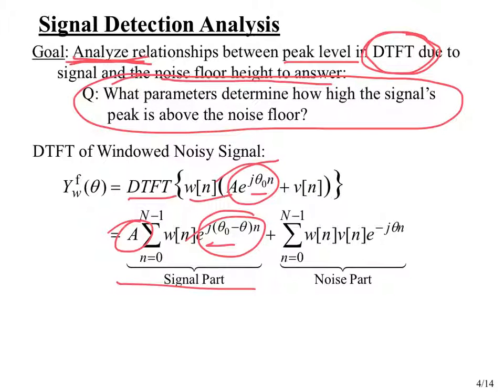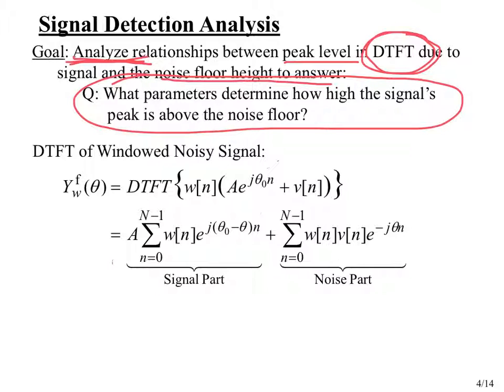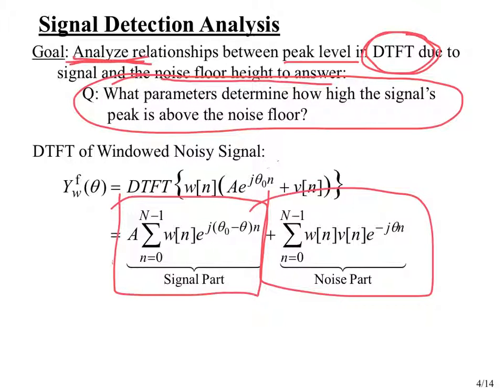And so what we see is that we get this signal part, which is really like the DTFT of the window, but shifted by theta sub 0. And we've seen that already. We talked about that in the previous note set, actually 2 note sets ago, I think, where we talked about how, for a sinusoid, we take the DTFT of it, and it's the window kernel shifted by that frequency. So here's the signal part, and then we have the noise part, which is just the noise, which is random.